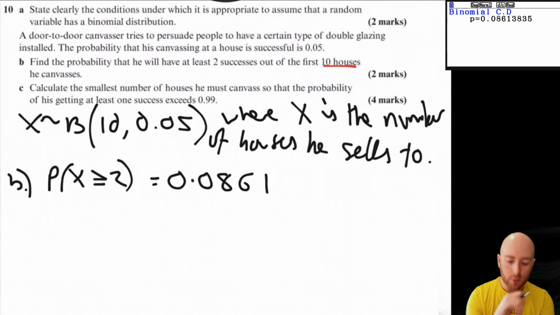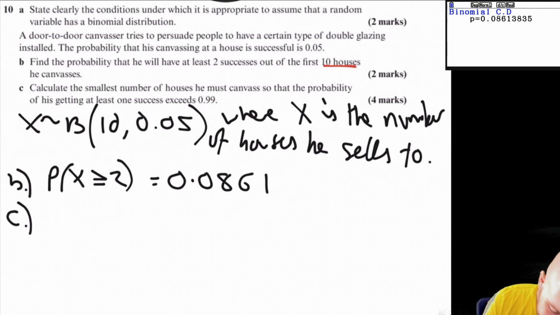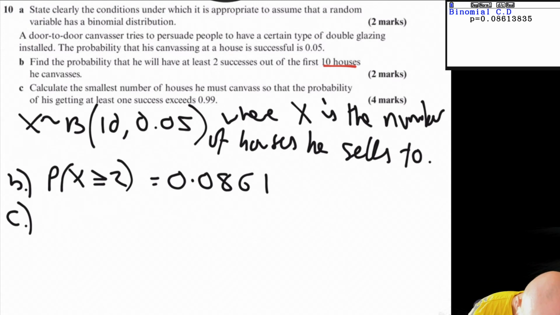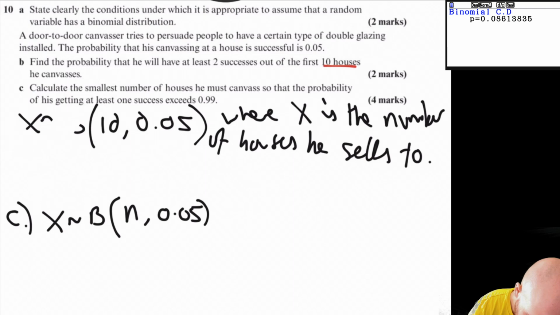Now it gets difficult. So part C. Calculate the smallest number of houses he must canvass so the probability of his getting at least 1 exceeds 0.99. There's a lot there to break down. In other words, we now have X, B, we don't know what n is. The probability of success is still the same, but we don't know what n is. I'm just going to clear everything, because this might require some space.